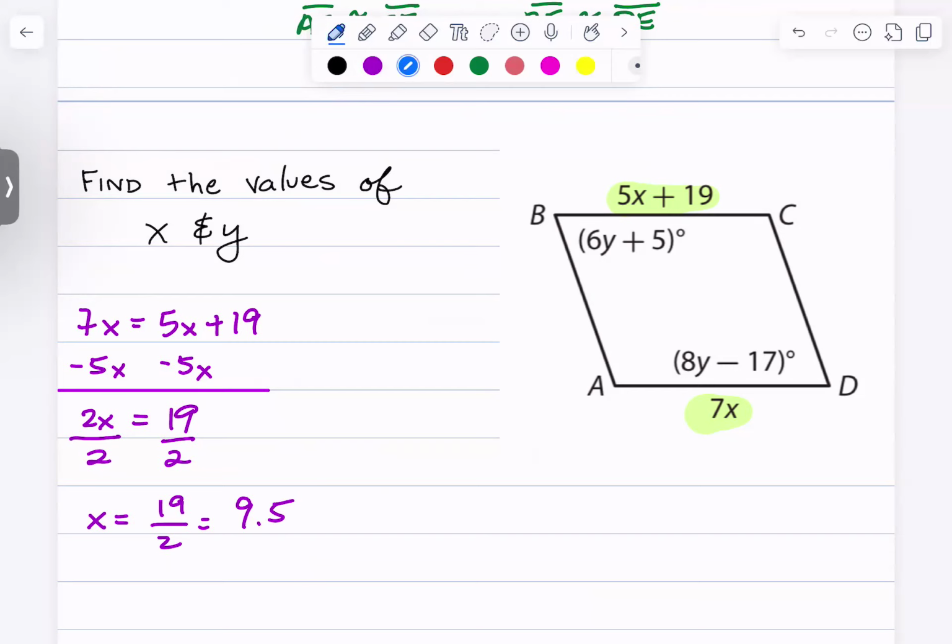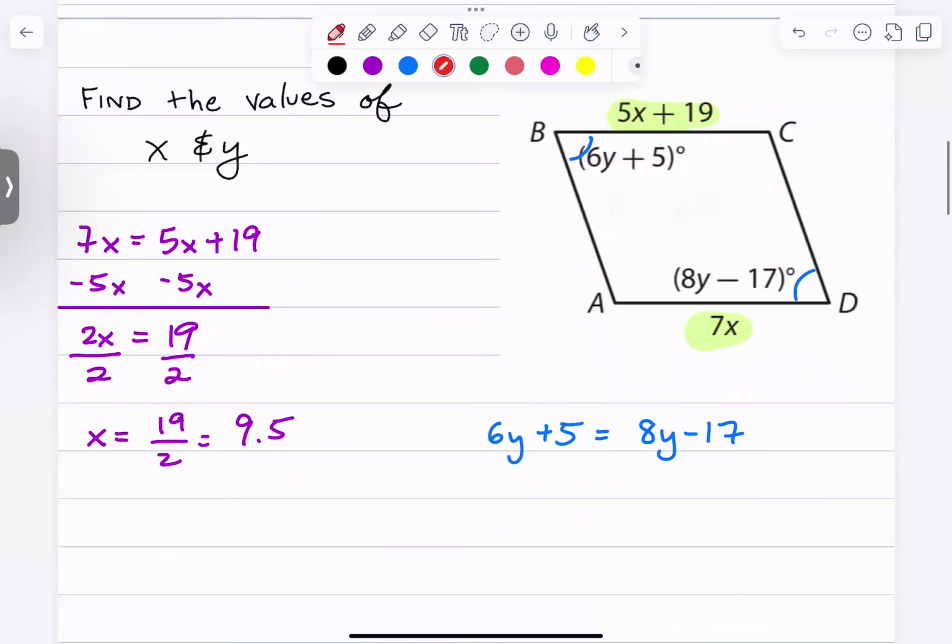If we solve for y, what do we know about opposite angles? They're congruent. So again, we are going to go 6y plus 5. Since opposite angles are congruent, we're just going to make them congruent to each other. Equals 8y minus 17. And then I'm going to just solve it. Subtract 8y. I'm going to subtract 5. By doing this, I kill 2 birds with 1 stone.